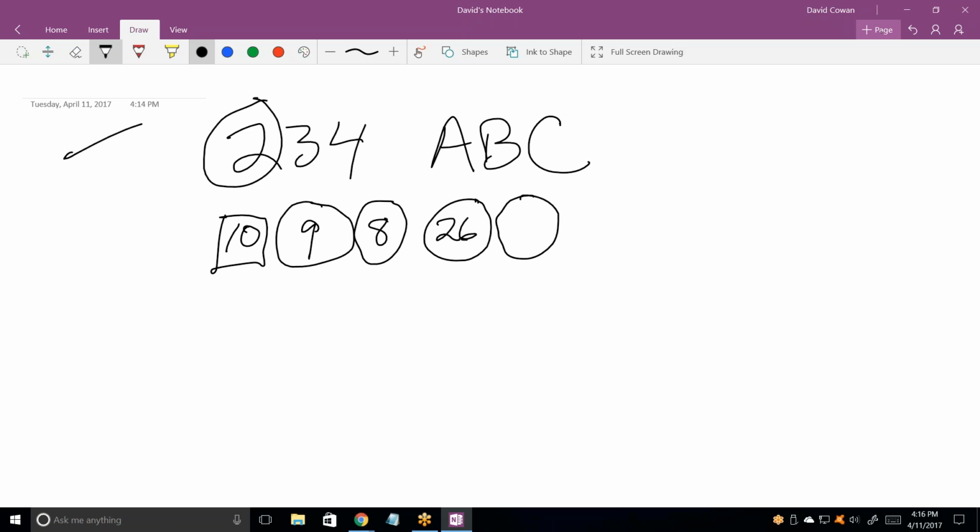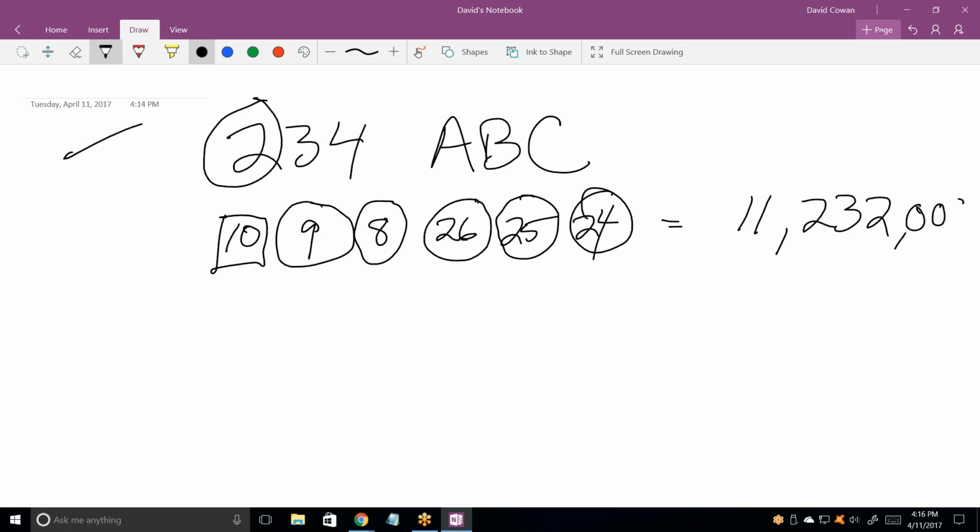Okay, and then 25. There? 25. 25, and then 24. Whatever that number is, and it turns out that it's not as big as you might think, 11 million. So if I've got more than 11 million people in my state, I got problems.